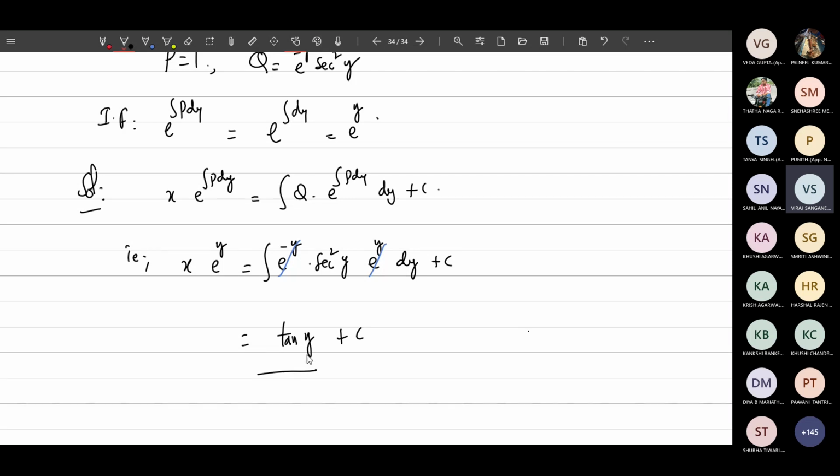So this is the type of equations linear in x.